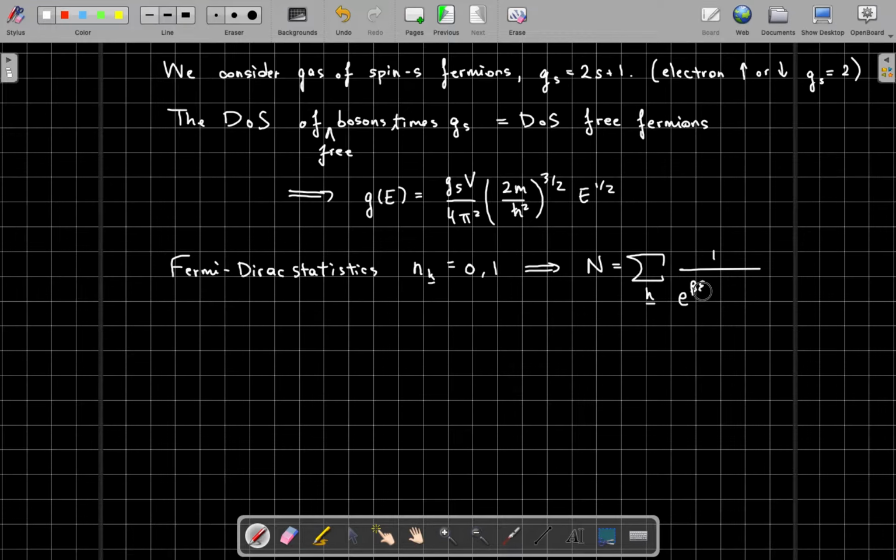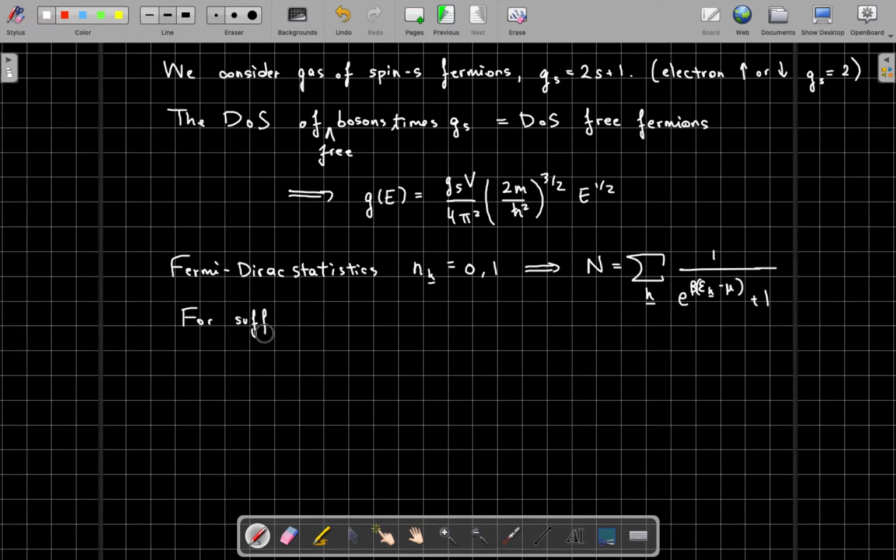It's 1 over e to the beta (e_k minus mu) plus 1. Okay, this we calculated earlier, and in most cases we are allowed to use the density of states. As long as we're not dealing with really low temperatures, we can approximate this as an integral.